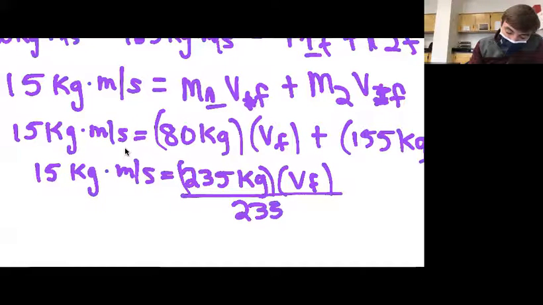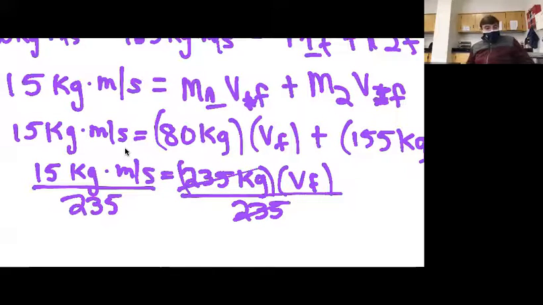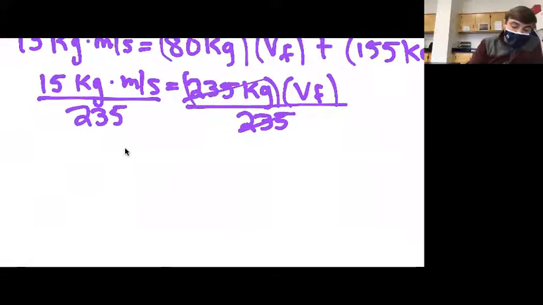Then I divide by 235, crosses out over here. Calculator out. 15 kilogram meters per second divided by 235 kilograms.